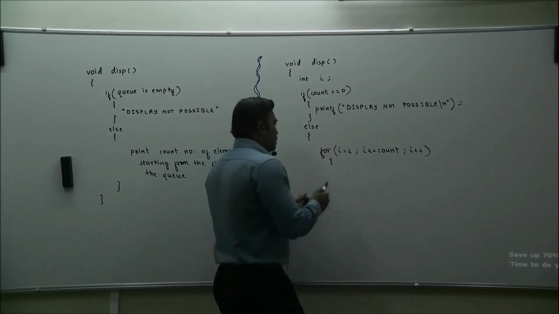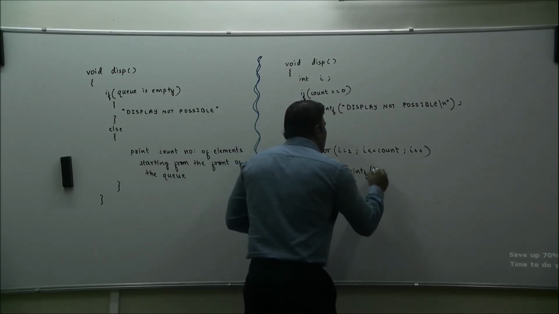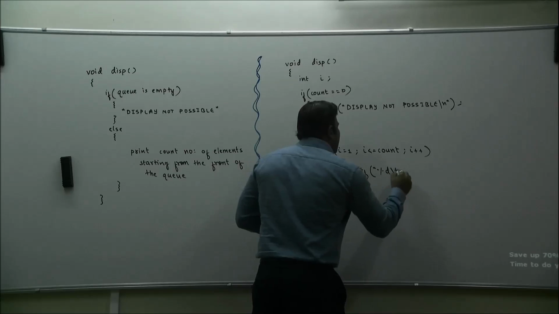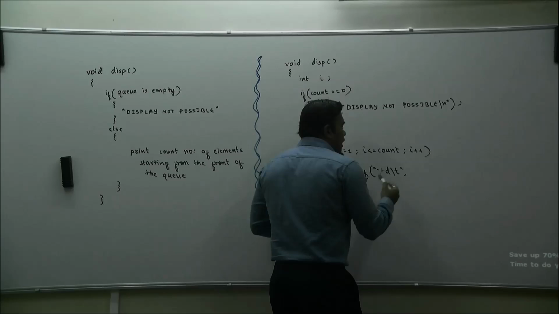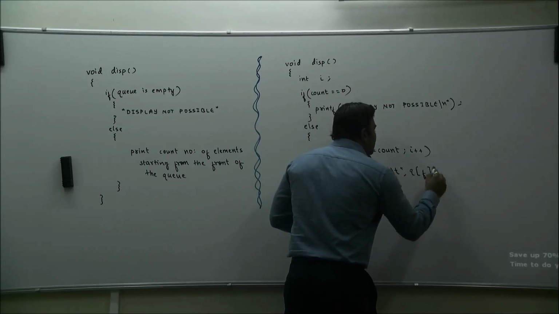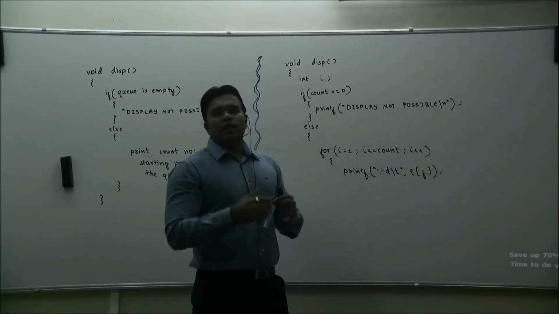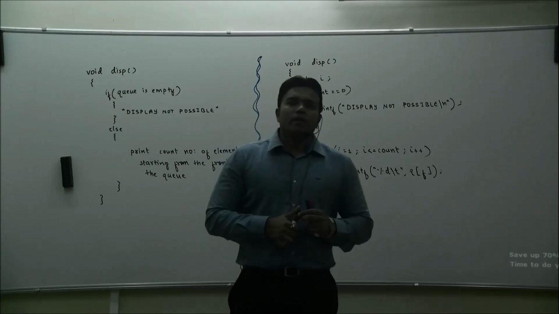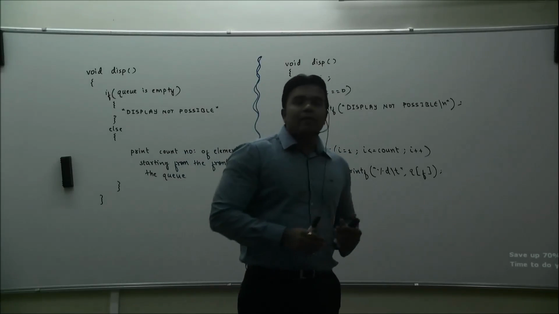What to do inside, sir? Inside I will display printf("%d\t"), as I have told you already. And what to display first? Whatever is there at the front of the queue, that is what I should be displaying. Starting from the front only I should display. Next I should go to the next element.